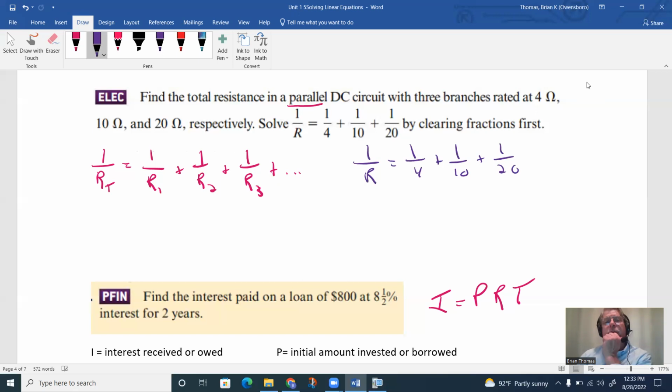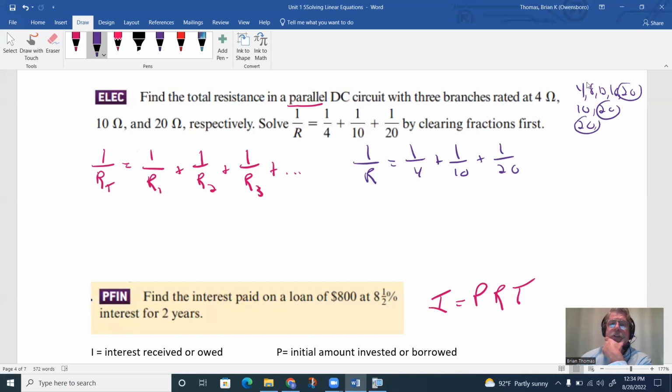What they want us to do here is multiply each side by the least common denominator. There's a 4, a 10, and a 20. The multiples of 4 would be 4, 8, 12, 16, and 20. We'd have 10 and 20, and then 20. So it looks like 20 would be the least common denominator.